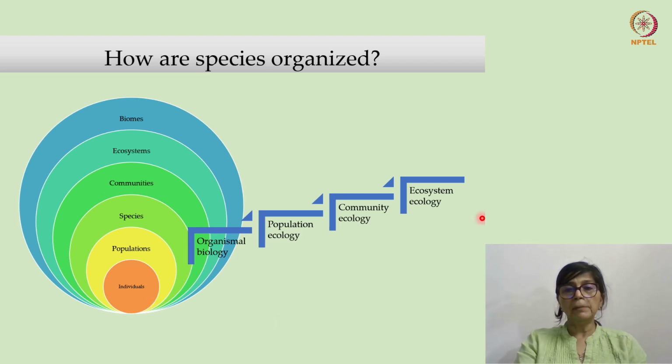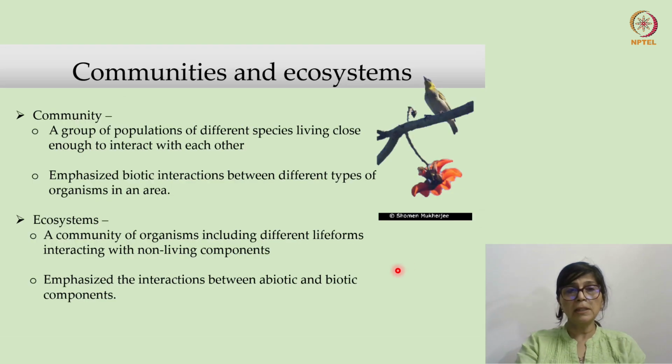Now, just to wrap up from here, we will say that a community is a group of populations of different species living close enough to interact with each other, and this "different species" is important to keep in mind. Here we are emphasizing more the biotic interaction between different types of organisms in an area.